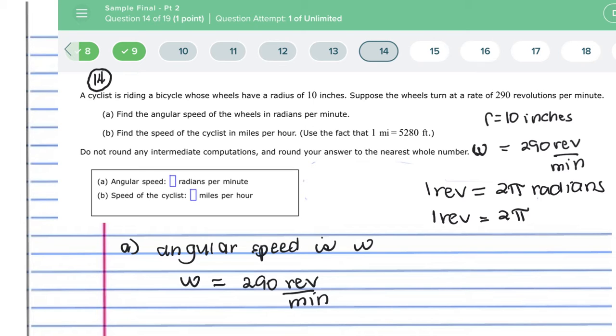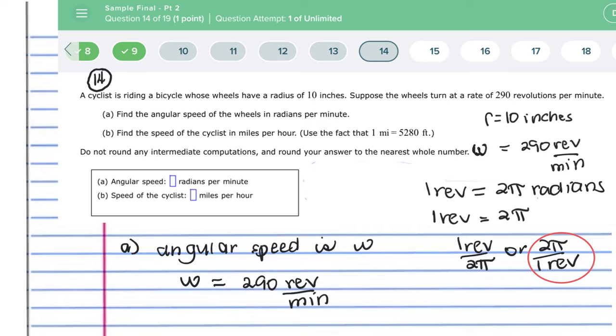I can write that equation two different ways: as one revolution over 2 pi, or as 2 pi over one revolution. I'm going to pick the second case. You say, well, wait a moment, why did you pick the second case? Well, by picking the second case, this is what happens.